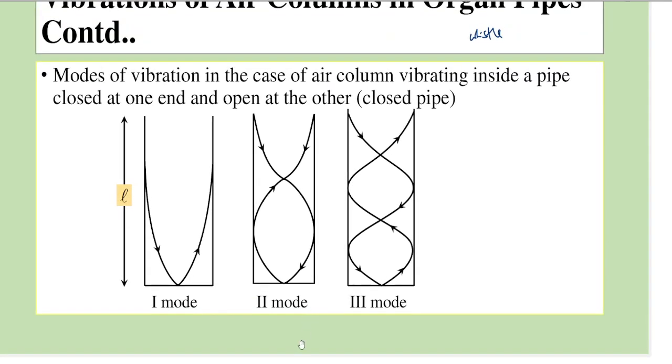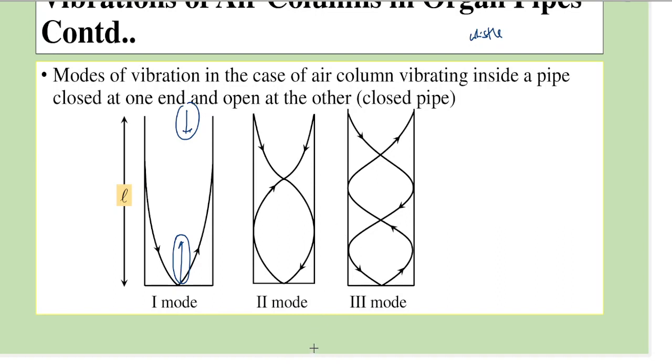This is because one wave travels in one direction, and the other wave reflects from the closed end and travels backwards. So two waves traveling in opposite directions superimpose, giving us standing waves.